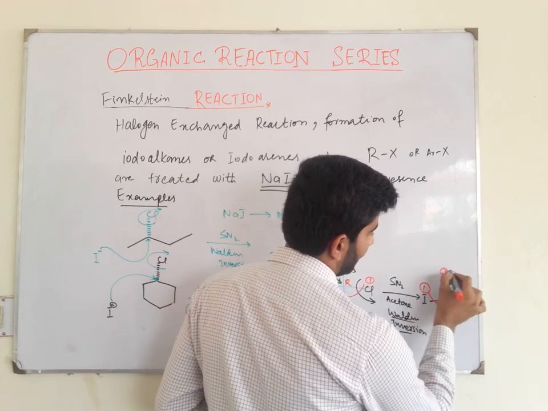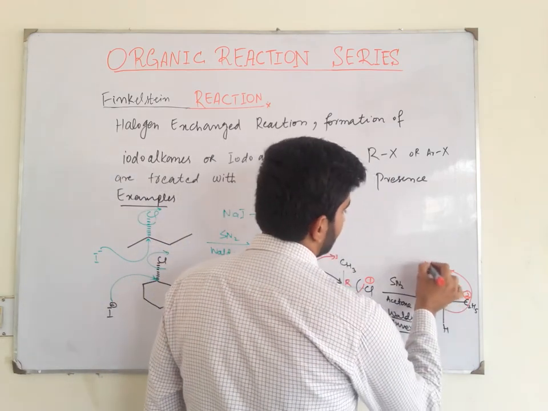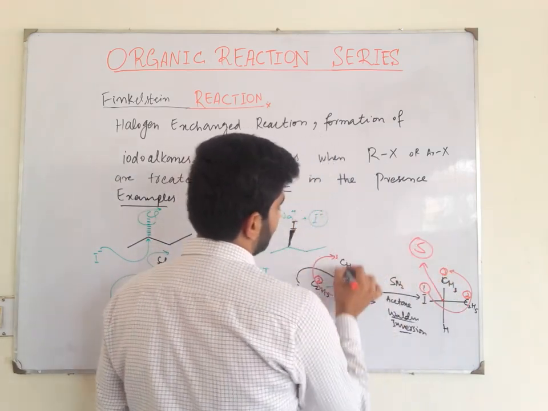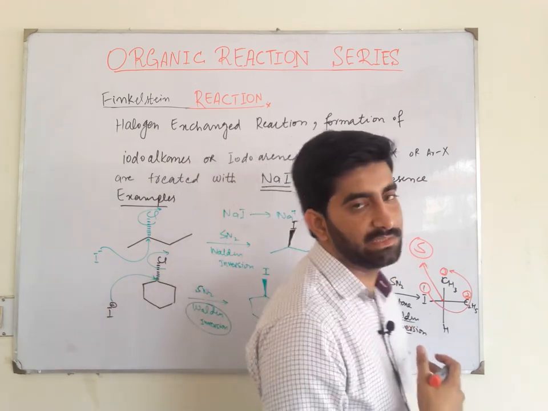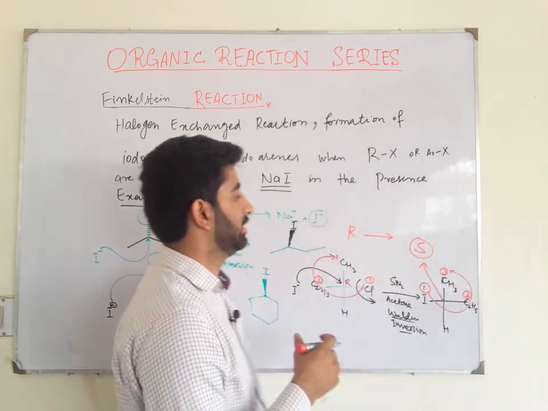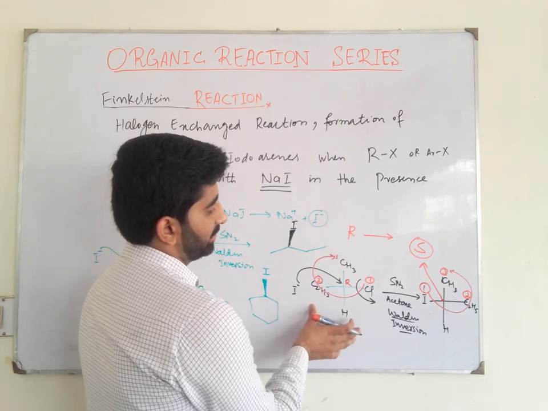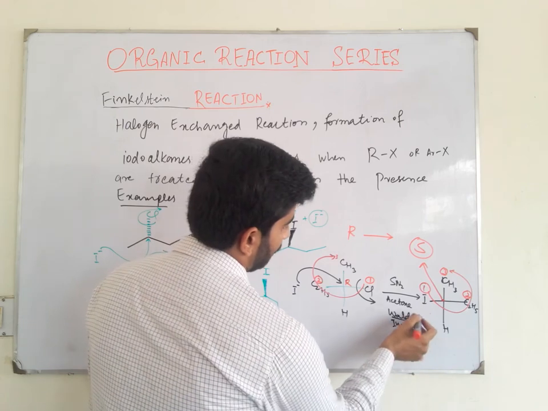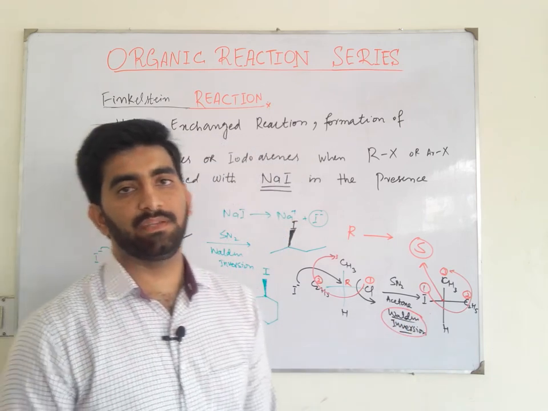The rotation is anti-clockwise, so the configuration of this chiral center is S configuration. So the configurations of reactants and products are inverse. The stereochemistry of the reactants changed. That's why it is a Walden inversion. This is all about the Finkelstein reaction.